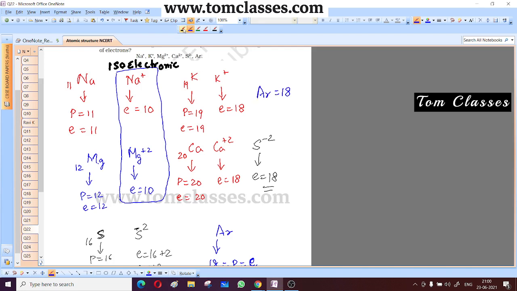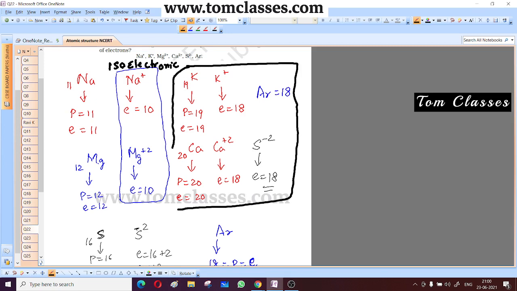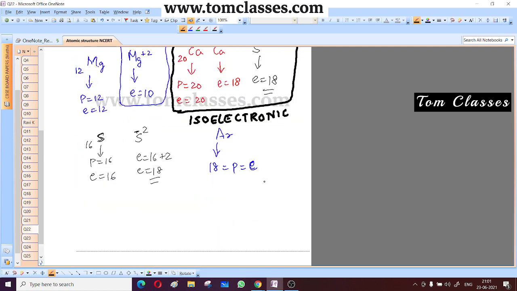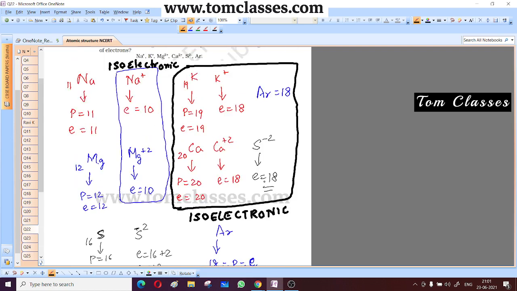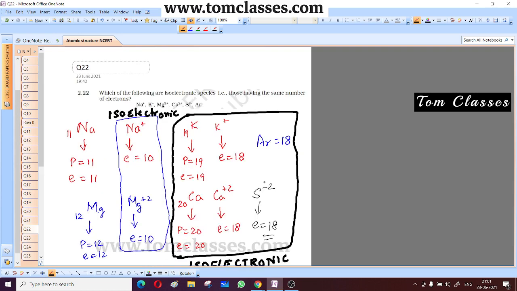So we see that all these species are isoelectronic. Is that clear? Isoelectronic means they have the same number of electrons, right?